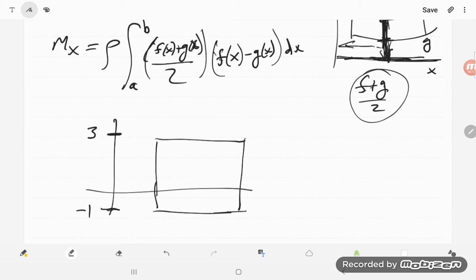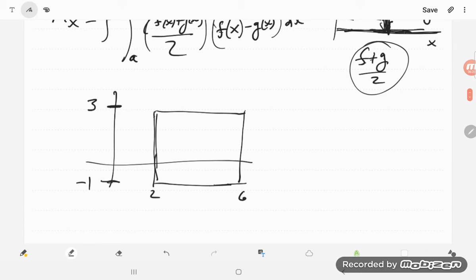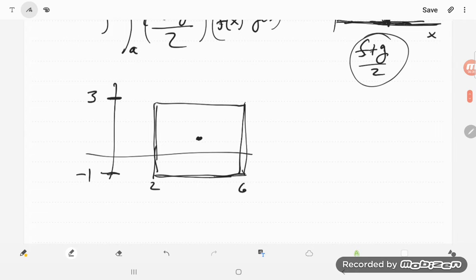And we'll make this at 2 and this at 6. Now, I know this rectangle, which is actually a square, has its balance point right there in the center, as long as the density is constant throughout.